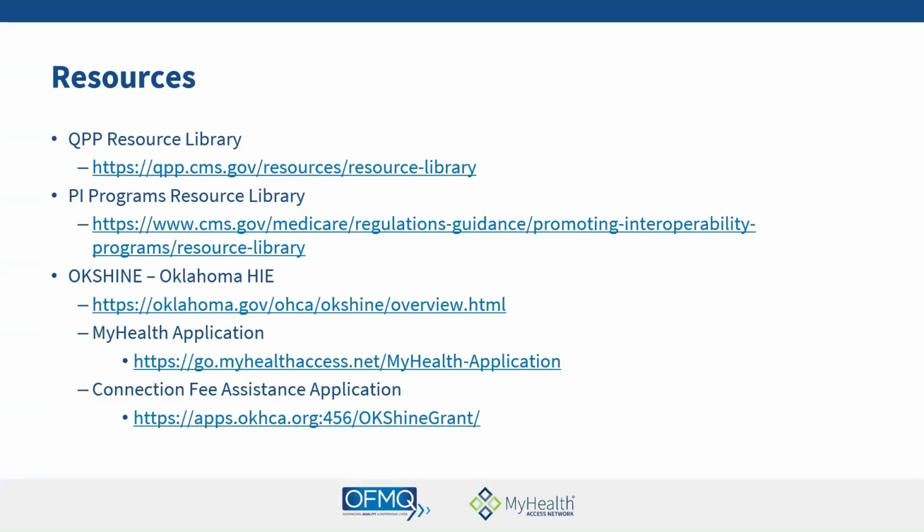Since we are talking about promoting interoperability, I did want to mention that there are some deadlines coming up for hardships. So if you are a hospital that did not attest to this program last year, you would need to file a hardship this year.